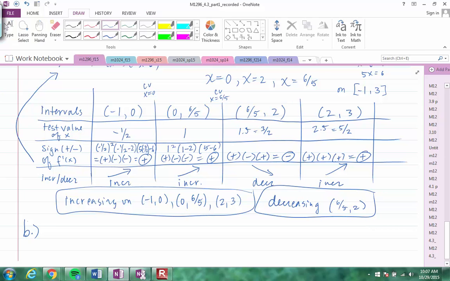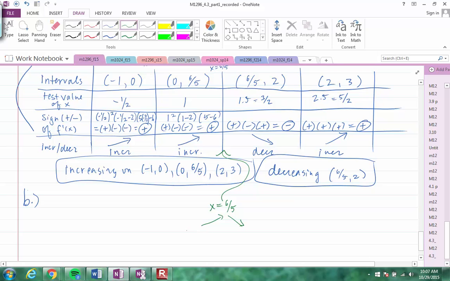use a new color here. So right here, at x equals 6/5, we go from increasing to decreasing. And so the first derivative test is what we're going to use here.